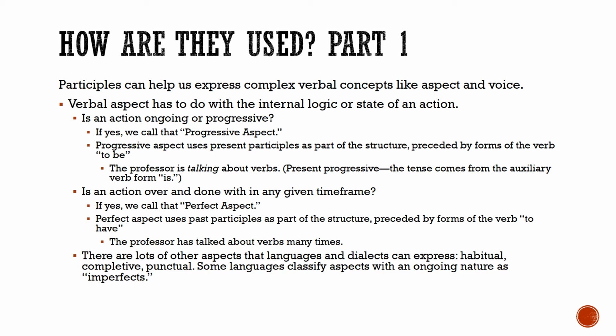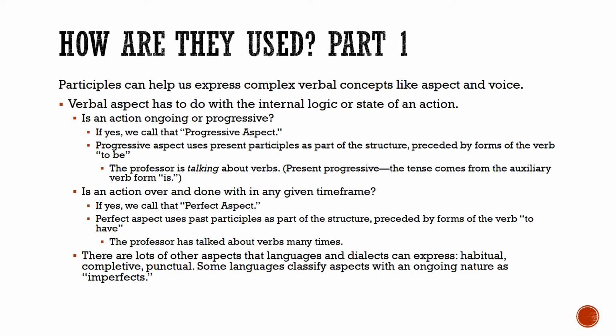Now, there are lots of other grammatical aspects that language and dialects can express. Habitual, completive, punctual. Languages that you may have studied, like French, classify aspects with an ongoing nature as imperfects, right? Things that we do in an ongoing way that are progressive or that are habitual can sometimes be classed together as an imperfect.